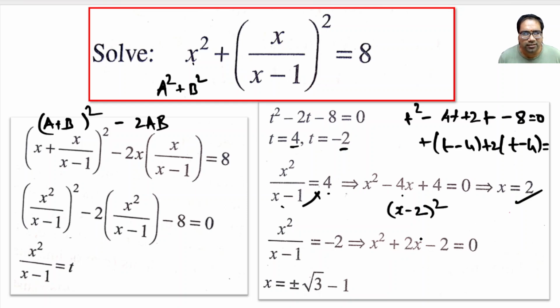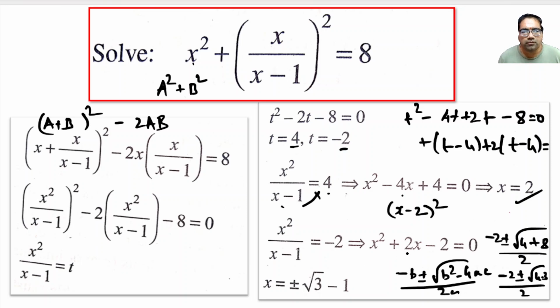This we can solve using the formula x = (-b ± √(b² - 4ac))/2a.